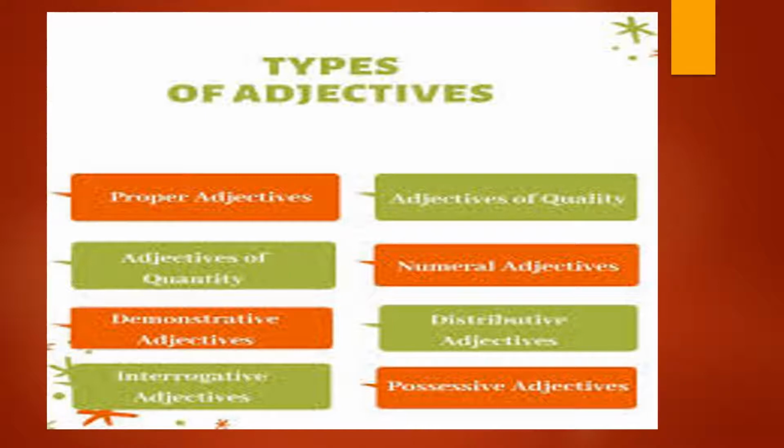Third, adjectives of number. Fourth, distributive numeral adjectives. Fifth, demonstrative adjectives. Sixth, possessive adjectives. And the last one is interrogative adjectives. So these are the different types of adjectives.